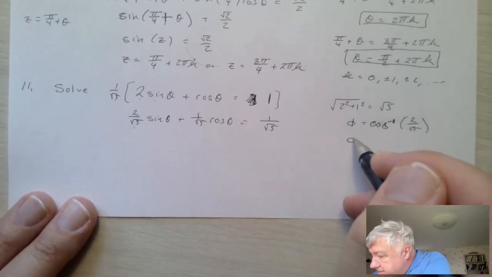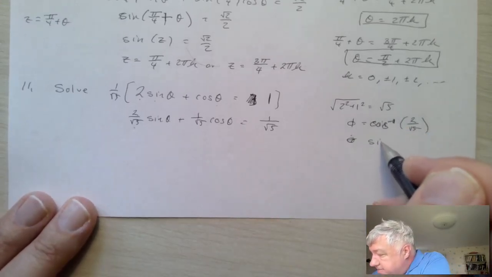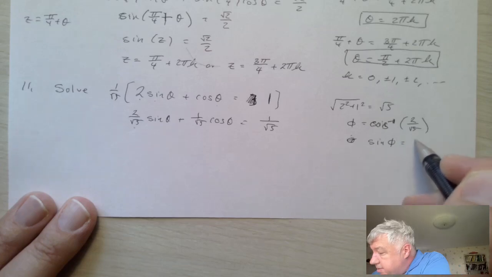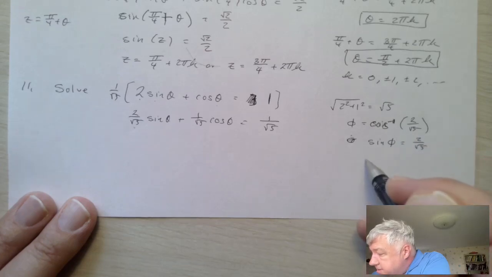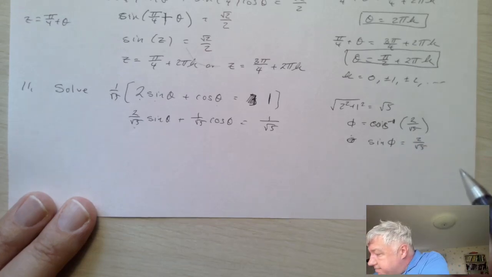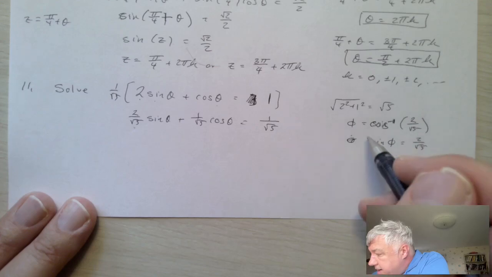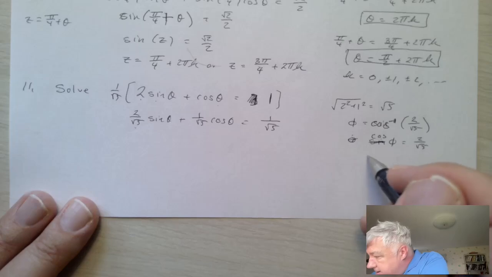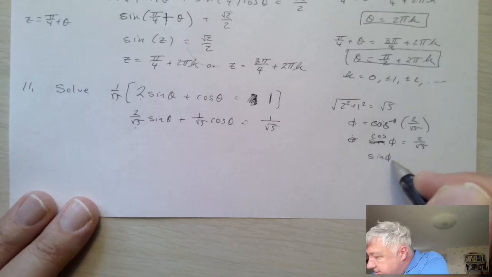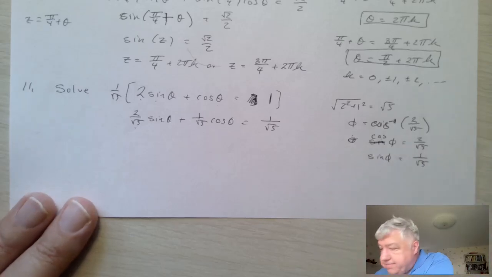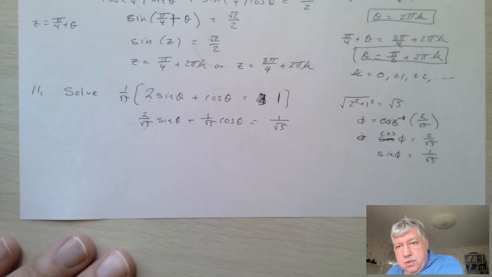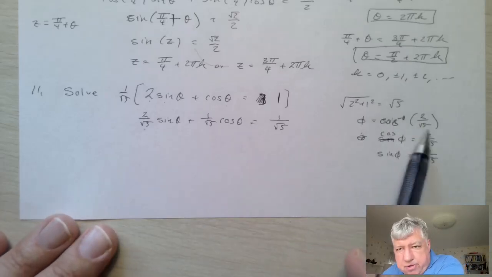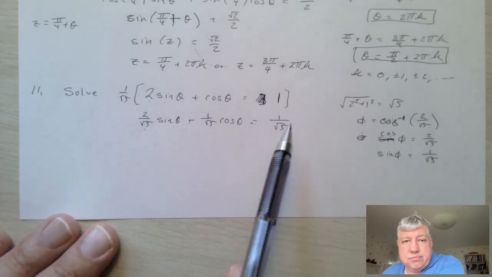So that we have the cosine of phi is 2 over square root 5, and the sine of phi is 1 over square root 5. This, of course, you can always find on your calculator.